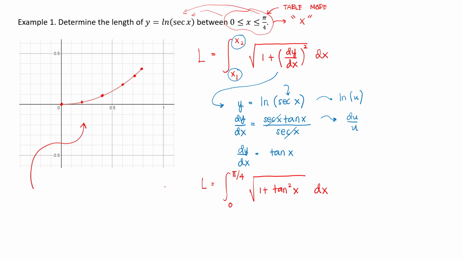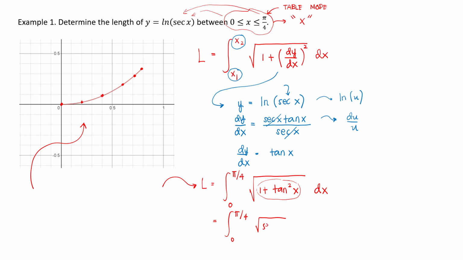Of course, you may plug this in the calculator, but in my case, since I know that this portion here is an identity, I can just replace it with its corresponding value, which is secant squared.